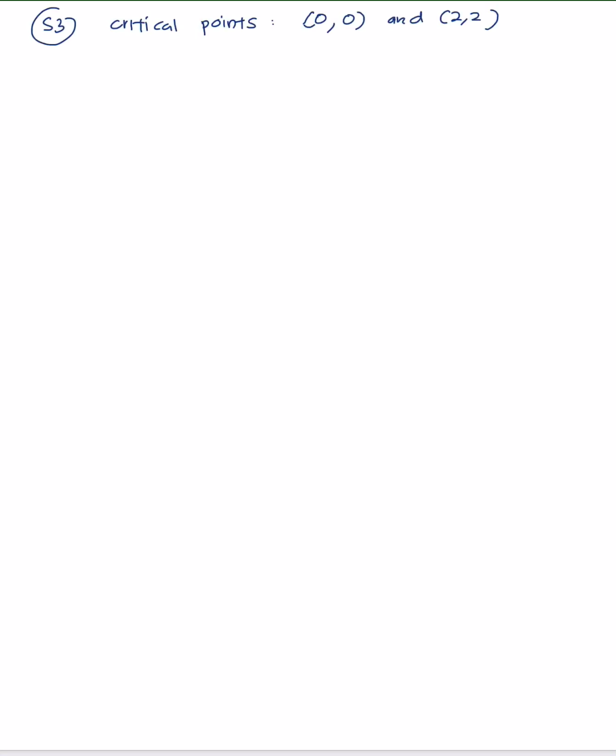What we need to do is find fxx, fxy and fyy, because we want to test with the second derivative to compute g.